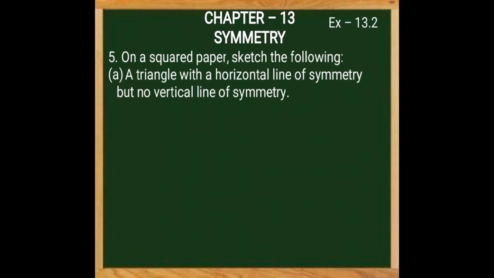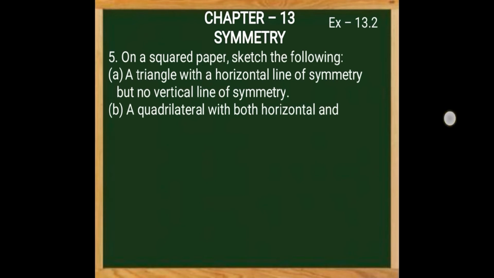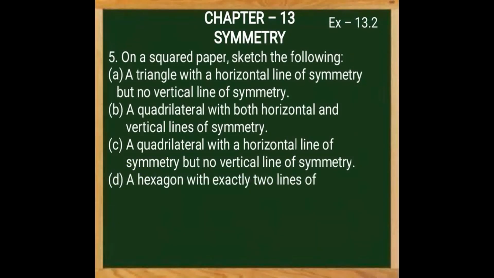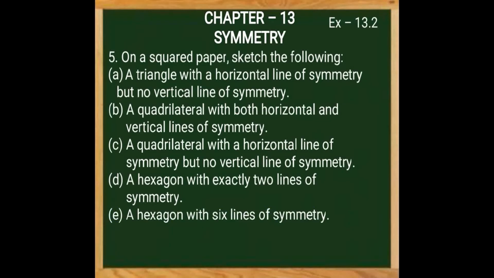B part says, a quadrilateral with both horizontal and vertical lines of symmetry. C part says a quadrilateral with a horizontal line of symmetry but no vertical line of symmetry. D says a hexagon with exactly two lines of symmetry and a hexagon with 6 lines of symmetry.